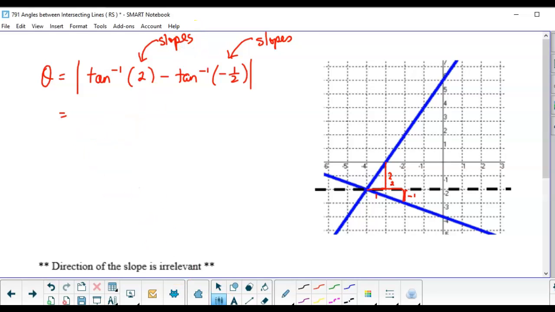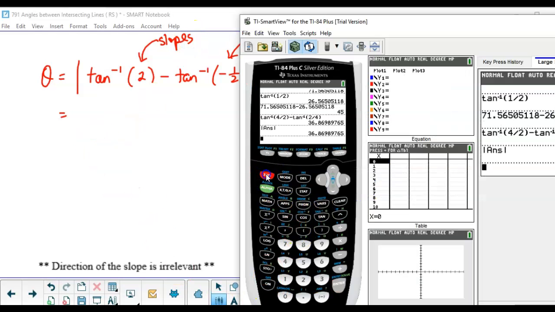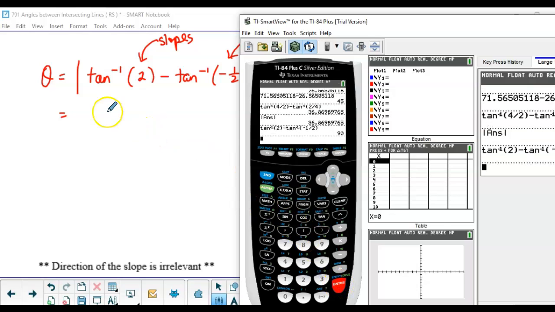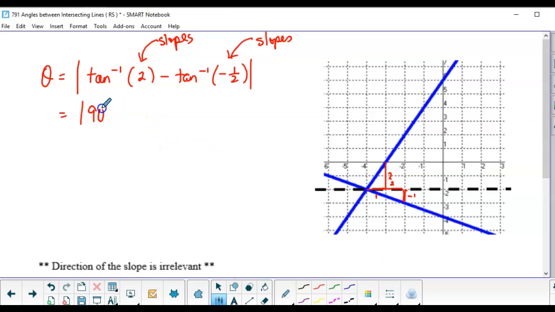So in your calculator, you go second tan of 2 minus second tan of negative 1/2, and you get 90. It may not look quite to be 90, but take a look. These aren't perfectly square grid markings, so it's pretty darn close.